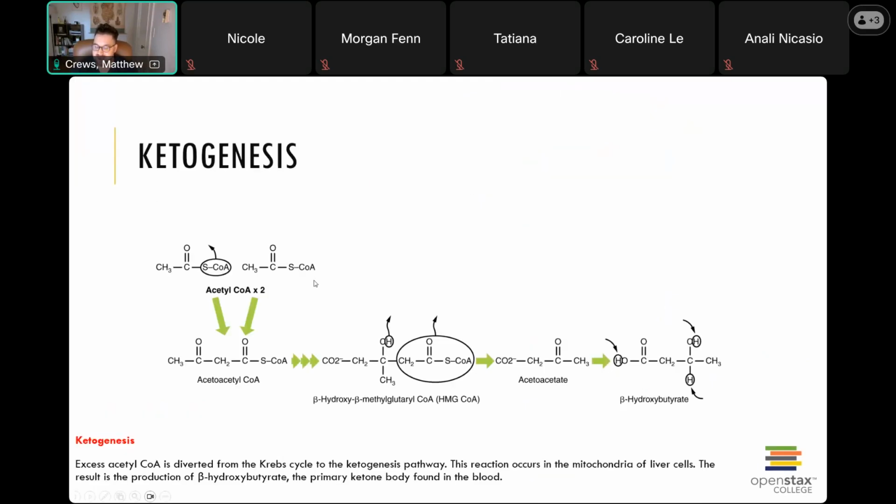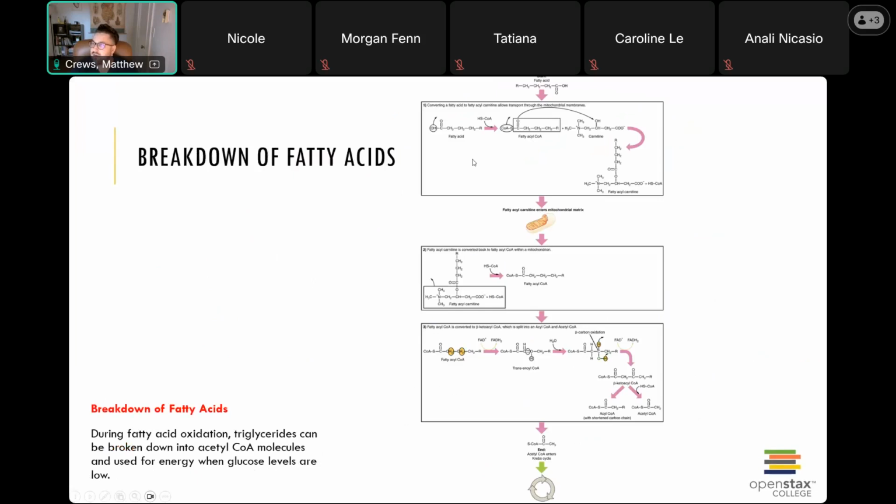All right, so how does that happen? We have a small chain fatty acid right here. It is moved into the cell. From there it reacts with CoA, and that creates a fatty acyl CoA.